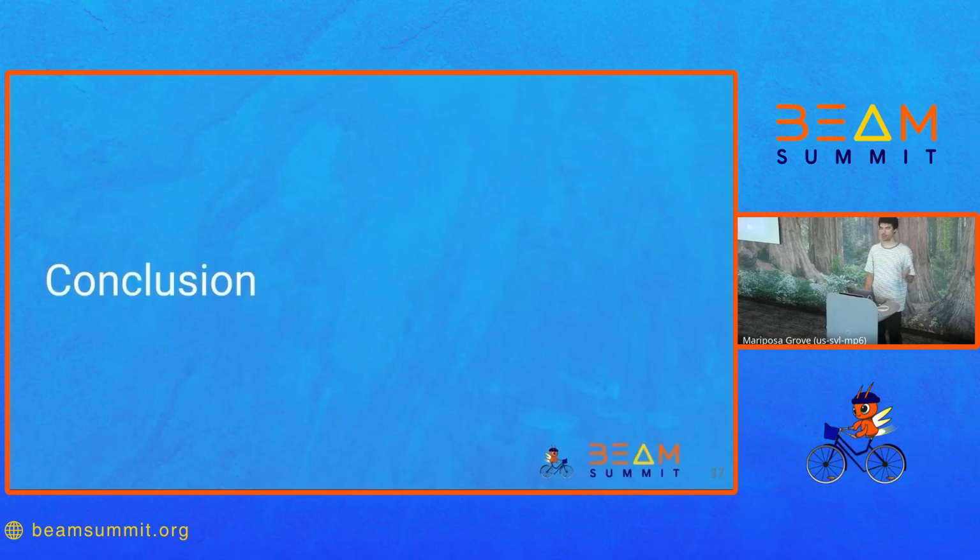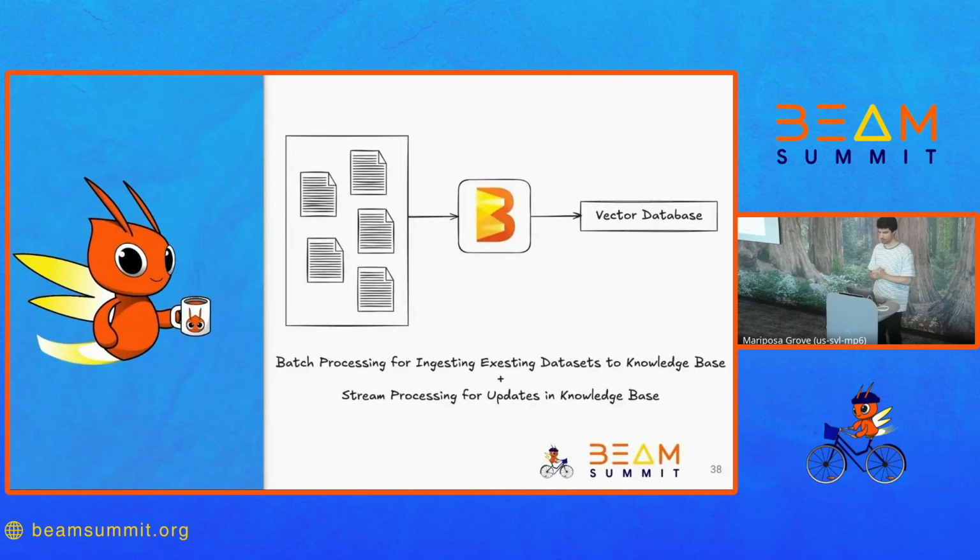And now we are at the conclusion of this talk. So we used Beam. Beam is super useful because of batch processing and stream processing. Batch for your existing data sources, existing databases. Stream to update or to reflect the updates of your documents in your vector database.